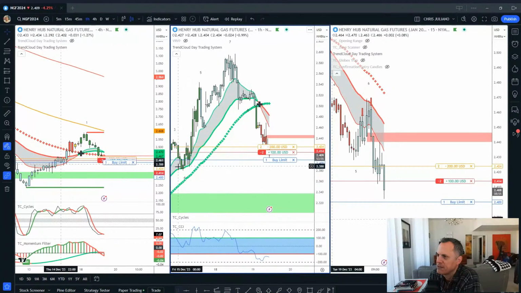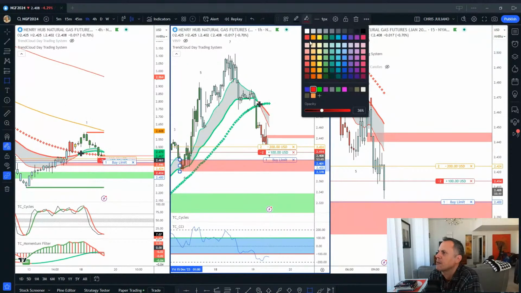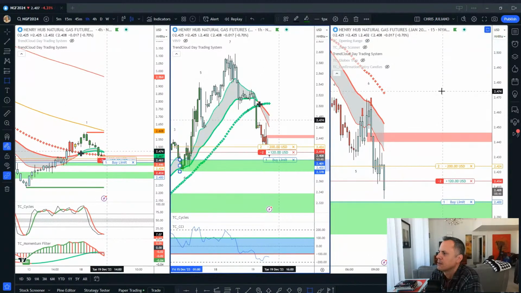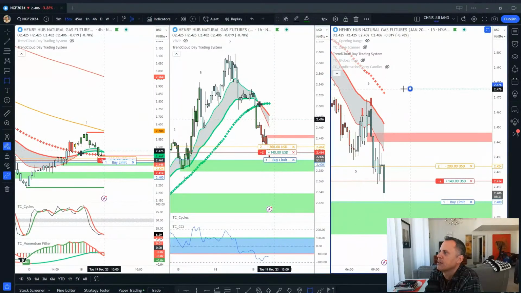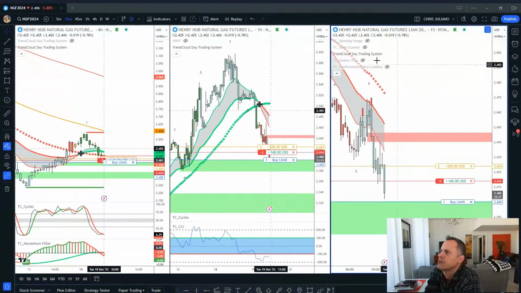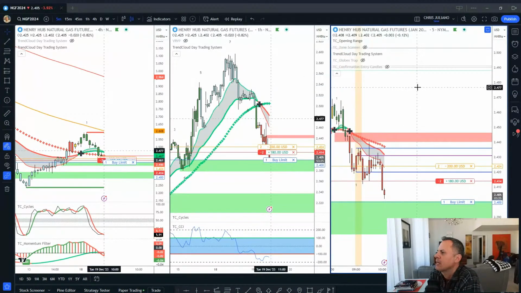We're coming down into this level of demand right down here. So that looks like a good spot. We'll see if we can get this. But this is a money stop here. This is a money stop, and we're taking the actual breakout. Let's get over to the 5-minute chart and put up the opening range on here.